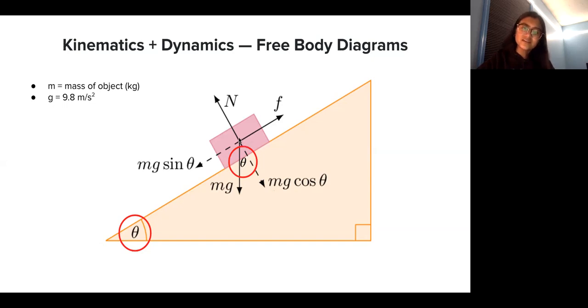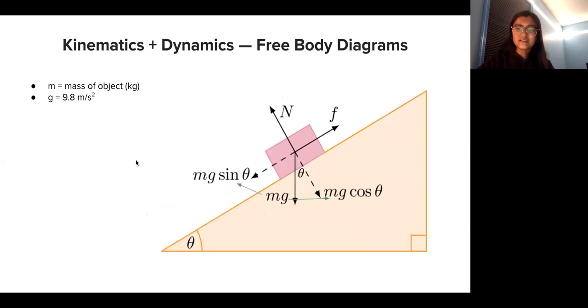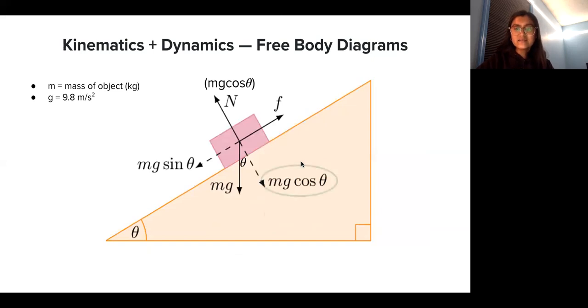And so this downwards one would be mg cosine theta, and this one along the slope is mg sine theta. So gravity can be split up into these two components, where the theta is again this same theta here.